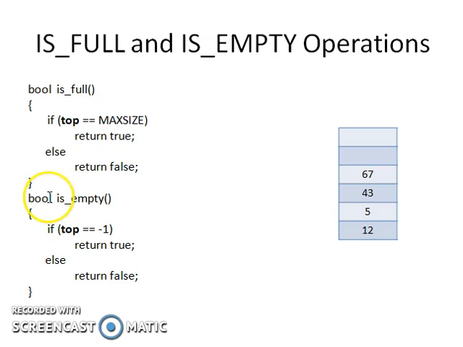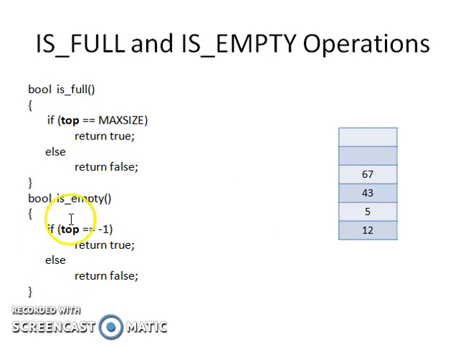Now let us see the implementation of isEmpty. Since we are implementing the stack using an array and the programming language we are considering here is C, and in C the array index starts from 0, whenever the array that stores the stack elements is empty, the index of top will be -1.